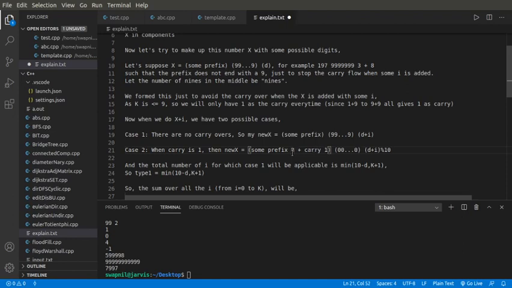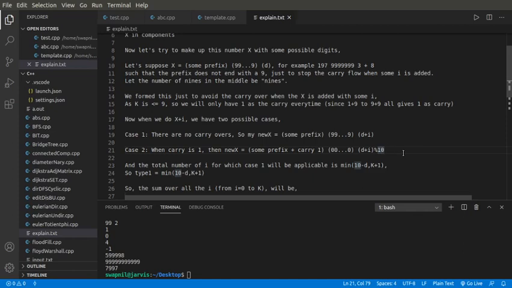So 8 plus the carry 1 will be 9 only. So this carry flow will get stopped over here only, and we will have some set of zeros because the 9s are incremented by 1, which is the carry given by this d plus i, and the last digit will be d plus i modulus 10, the remainder when it is divided by 10.